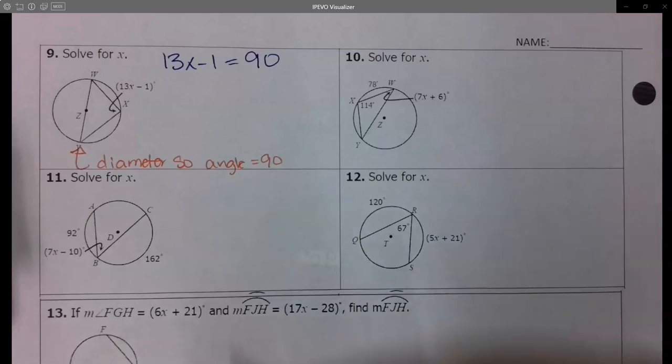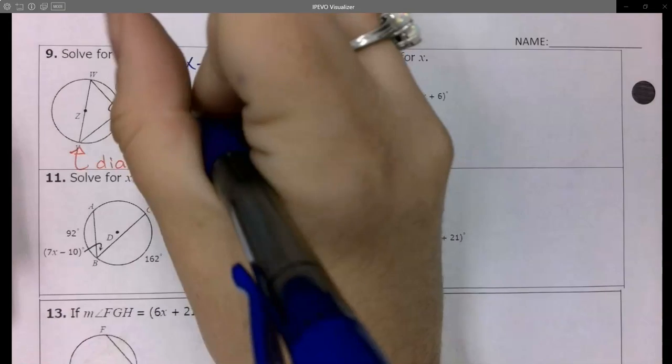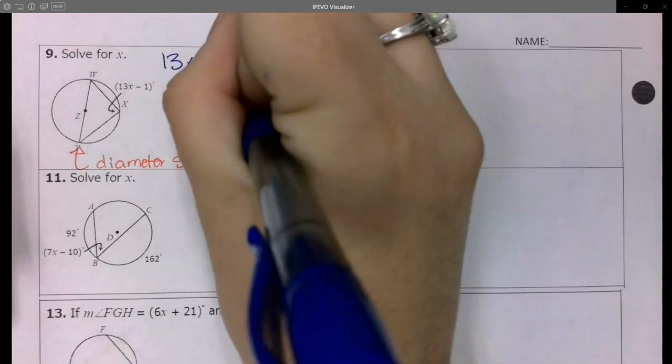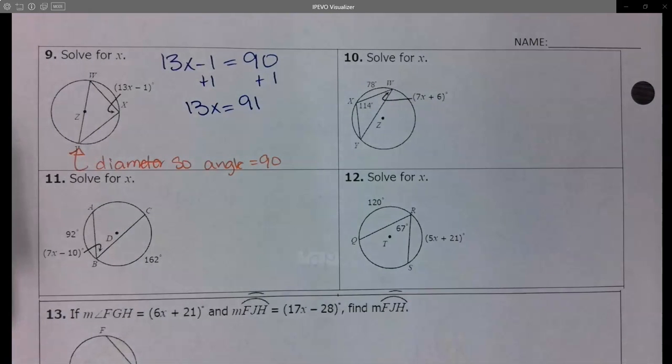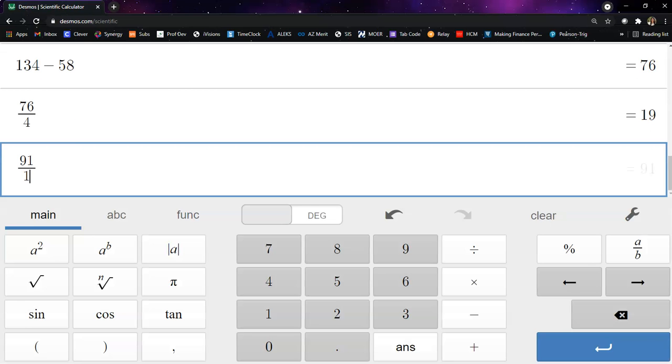Then I want to go ahead and add 1 to both sides. I got 13x equals 91. And then I can go to decimals and divide 91 by 13, which gives me 7.